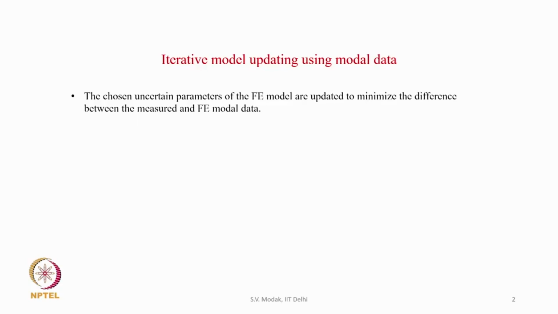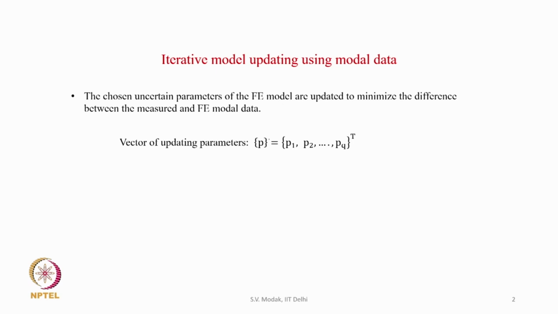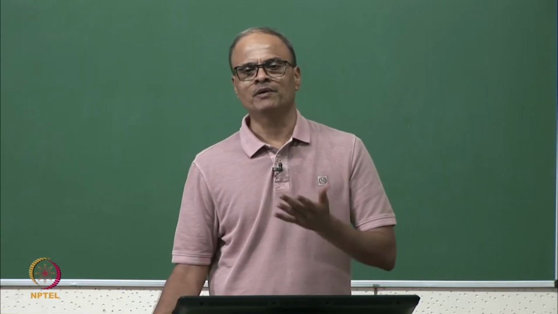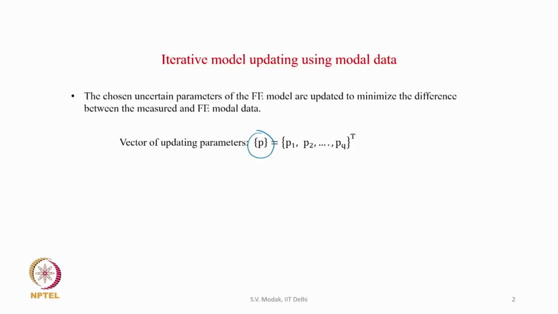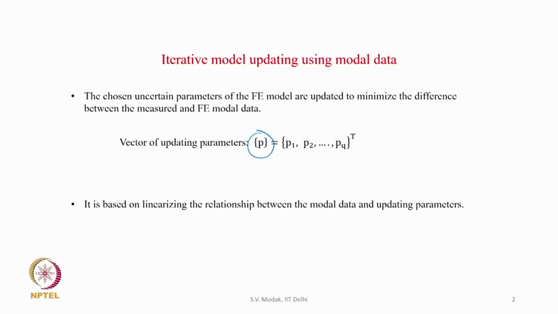We can form a vector p of updating parameters, consisting of p1, p2, p3, up to pq. These parameters could be related to the material properties, joint properties, damping properties, or other input parameters of the model. All of them can be taken as updating parameters.